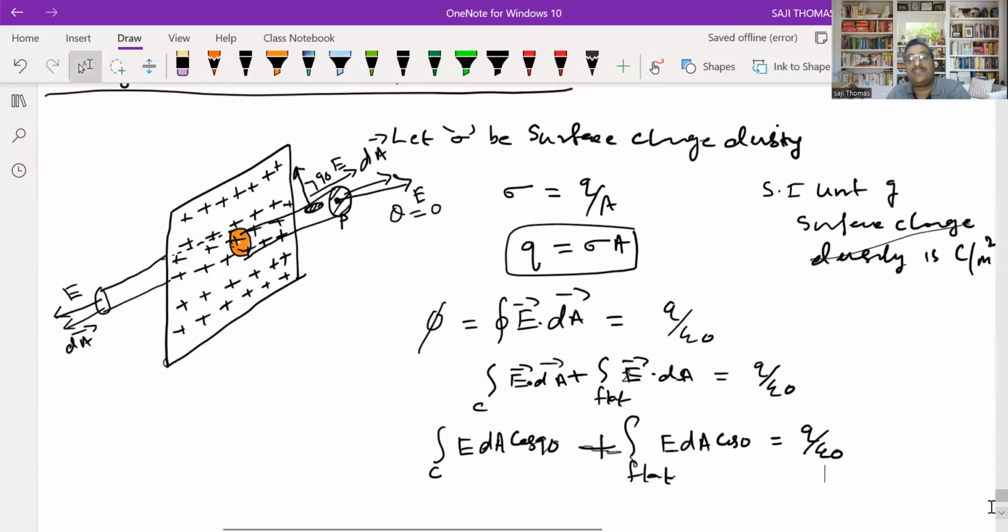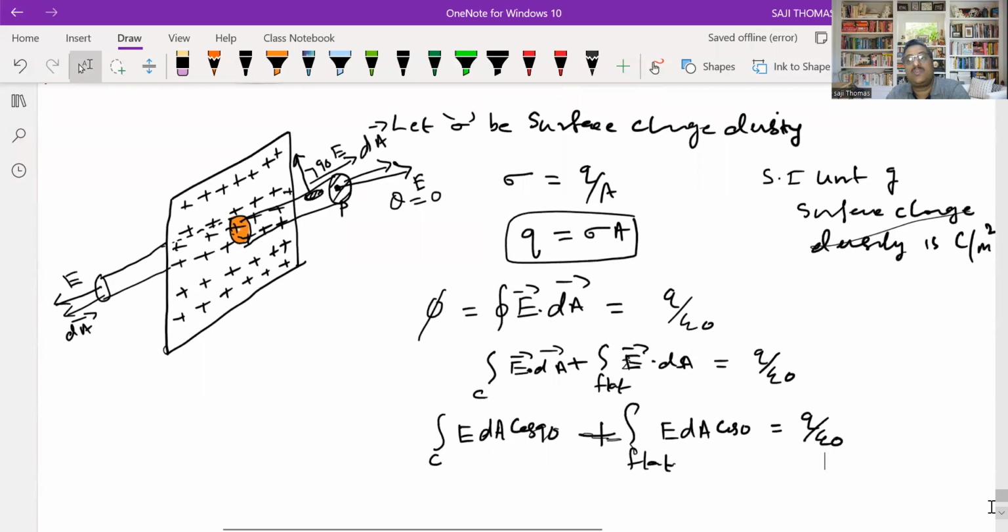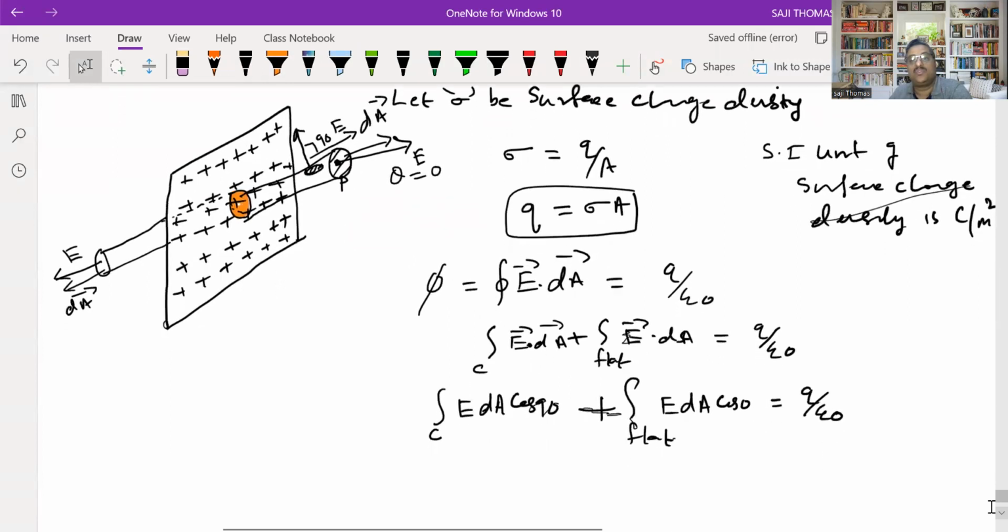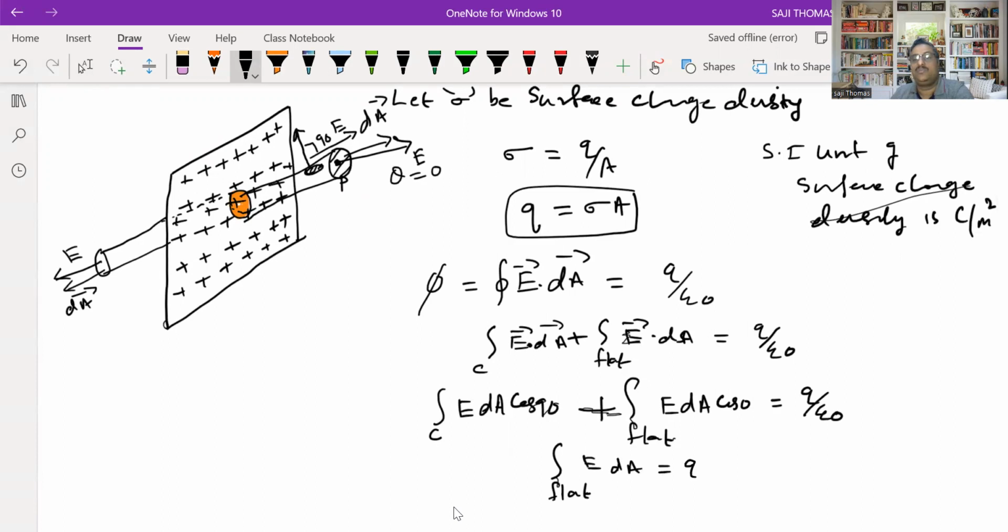Look at the first term: cos 90 is 0. So we can write the integral over the flat surfaces of E dA equals q by epsilon 0.